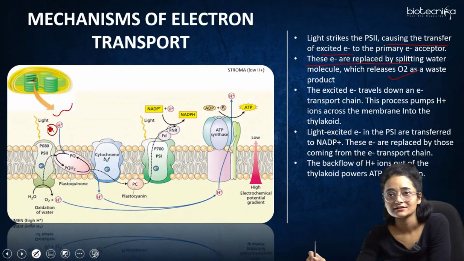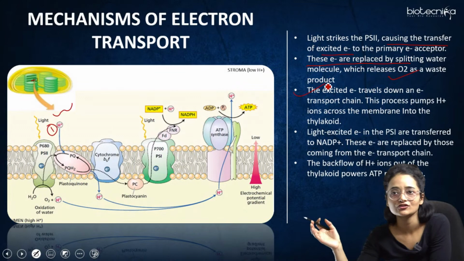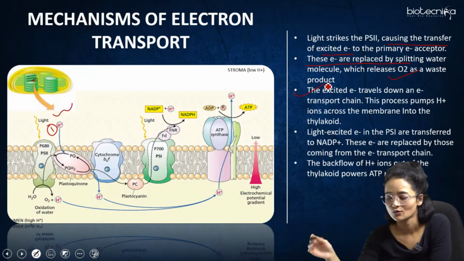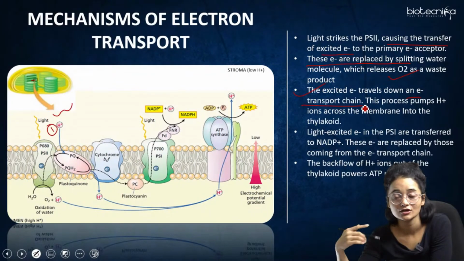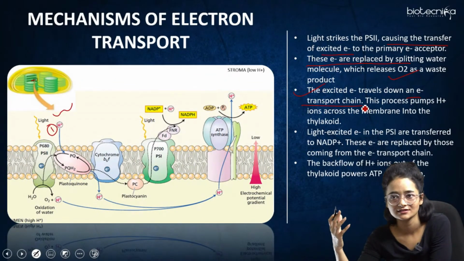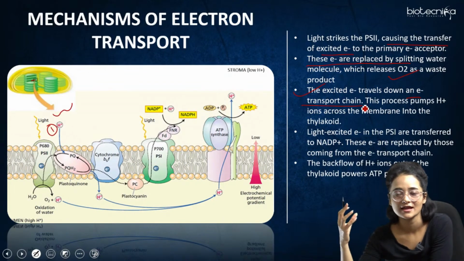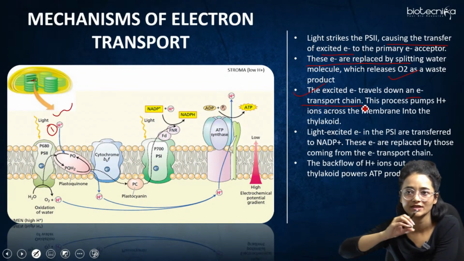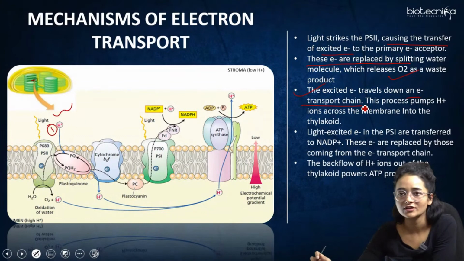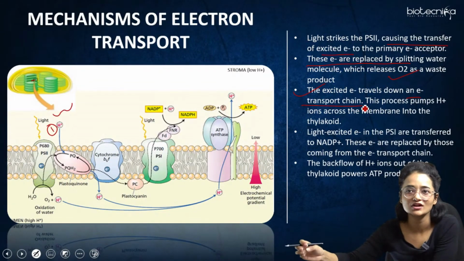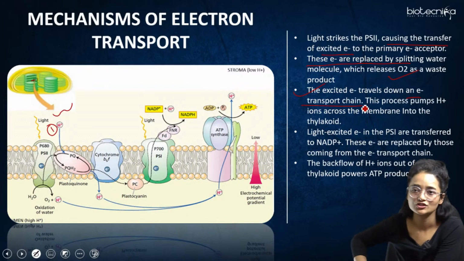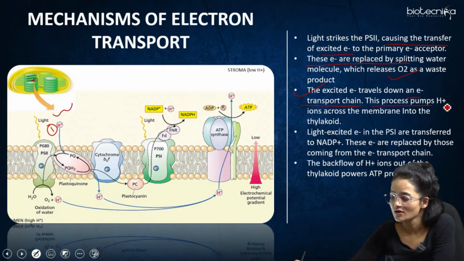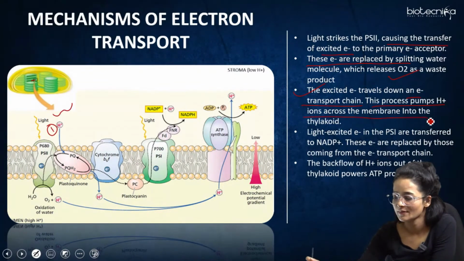For the second step, it says the excited electron travels down an electron transport chain, right? The electrons are produced when the photolysis of water takes place and light falls on PS2. At that point, the excited electrons travel down the electron transport chain. This process pumps H+ ions across the membrane into the thylakoid.